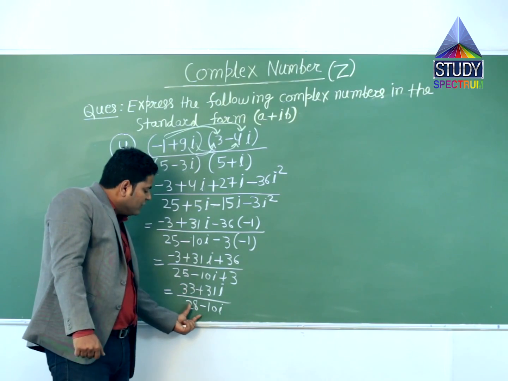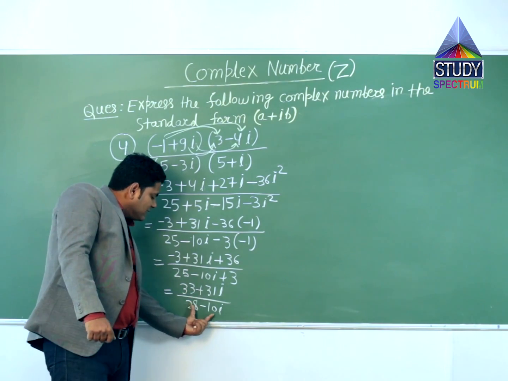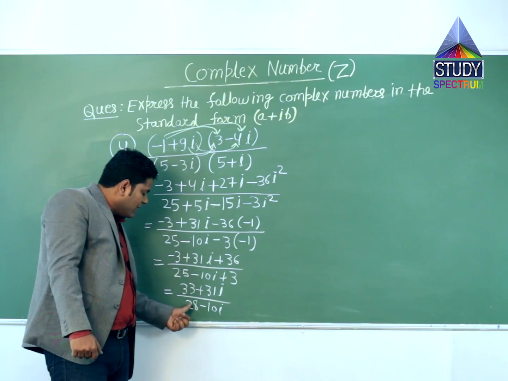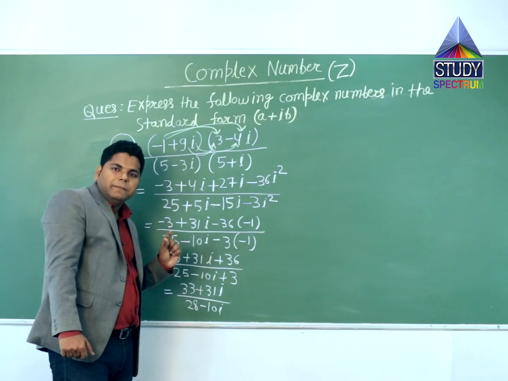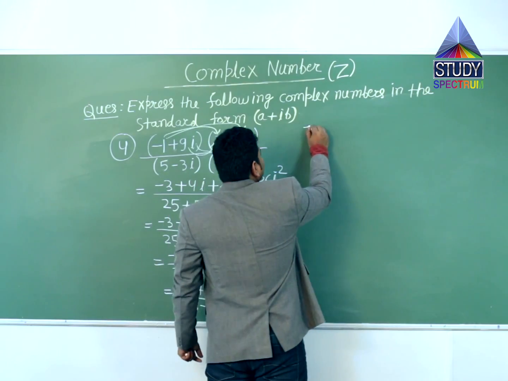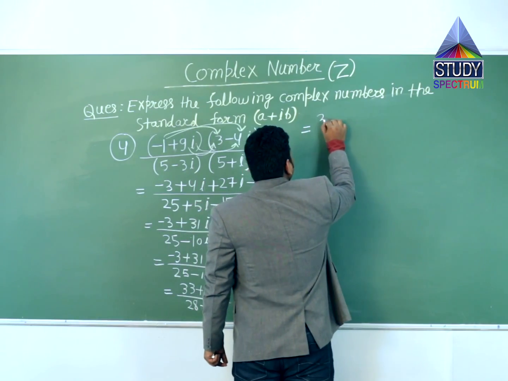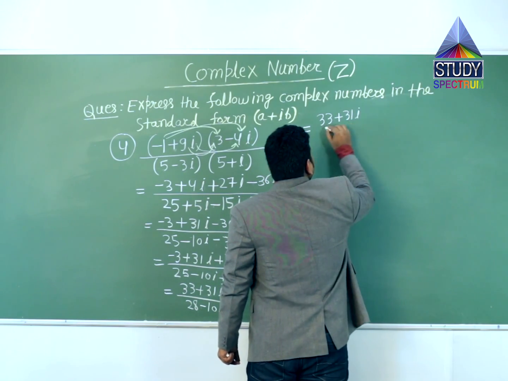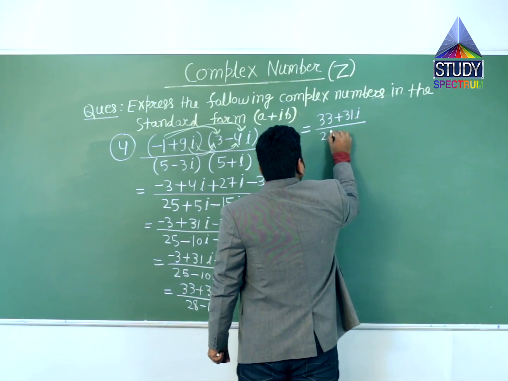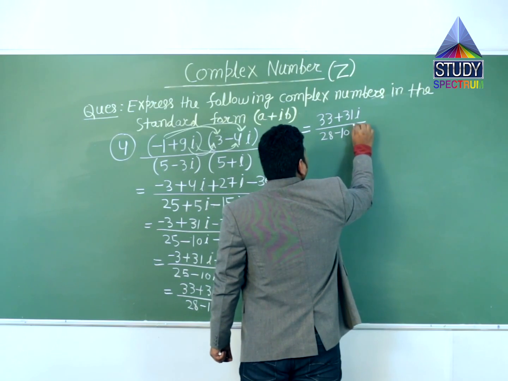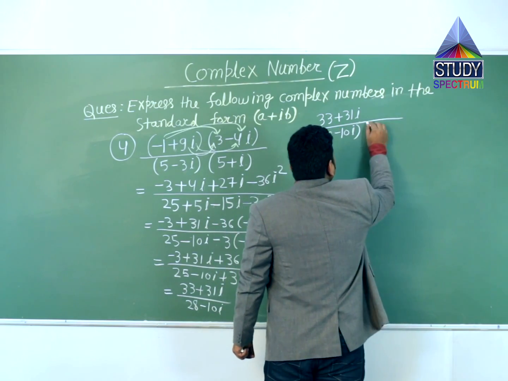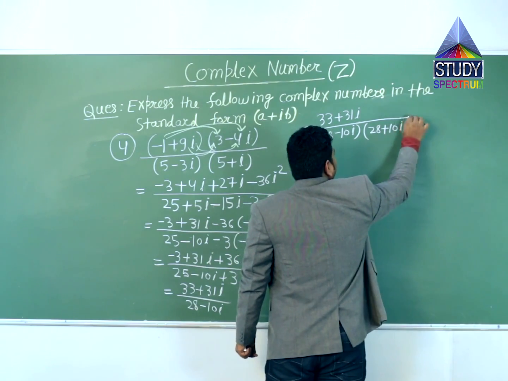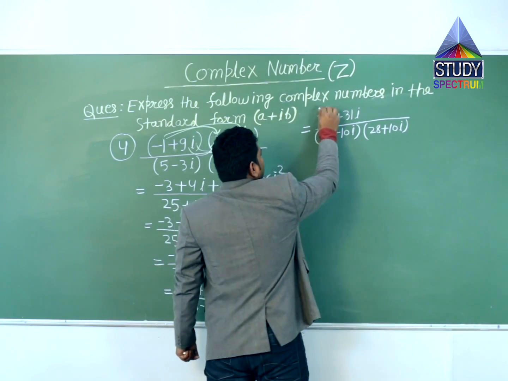So we'll multiply the denominator by changing the sign between these two terms. So we'll multiply numerator and denominator by 28 plus 10i. Okay. So right here, 33 plus 31i by 28 minus 10i. So we'll multiply by 28 plus 10i by changing the sign between these two terms.